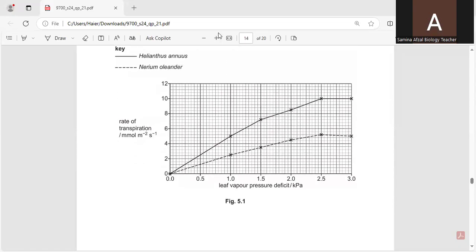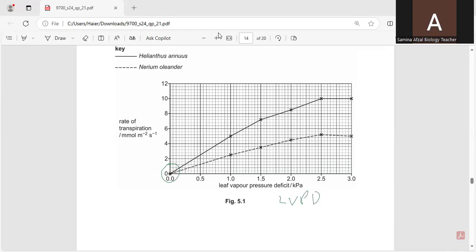First of all, there is no transpiration when LVPD is zero, and you can see it is increasing when the leaf vapor pressure deficit is increasing.